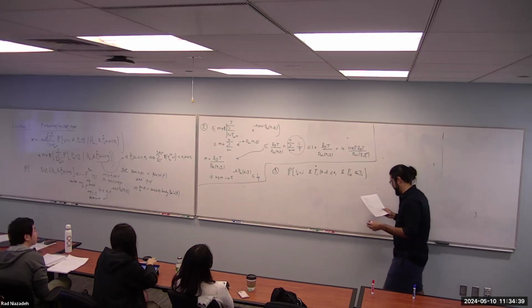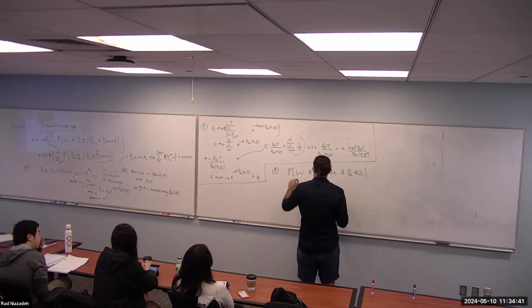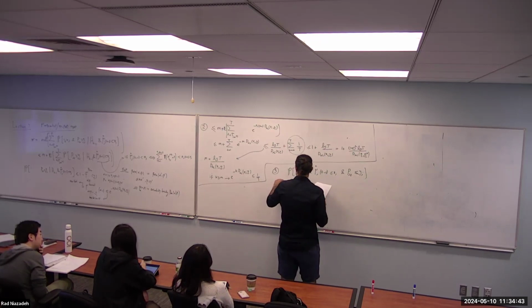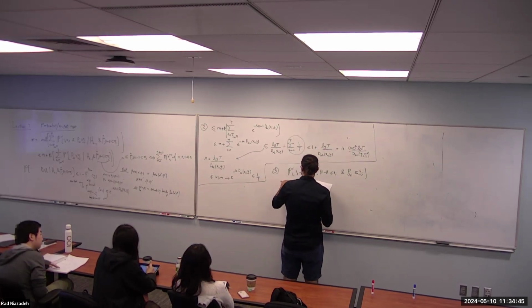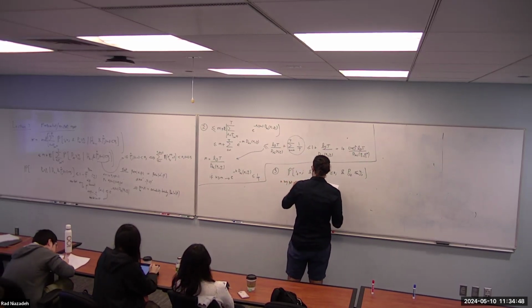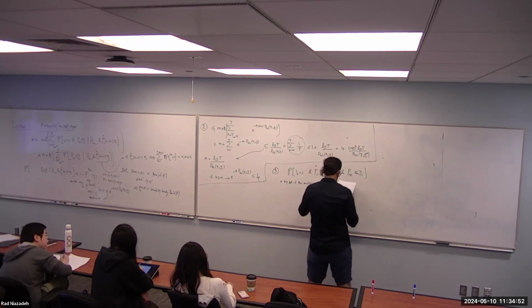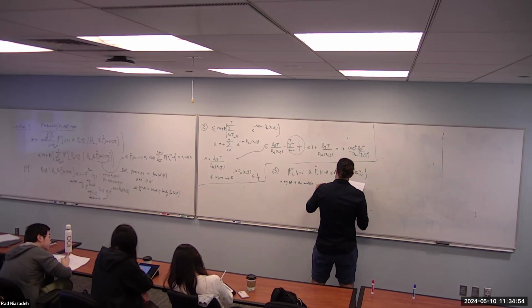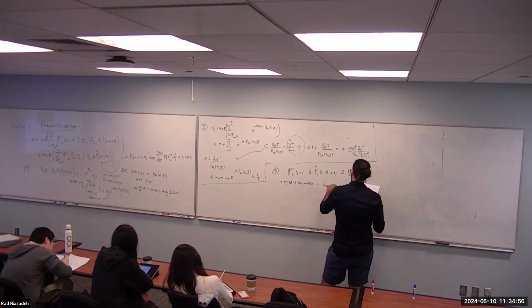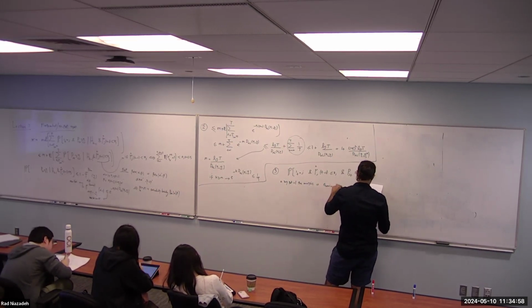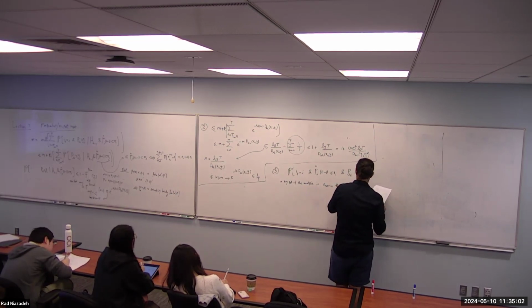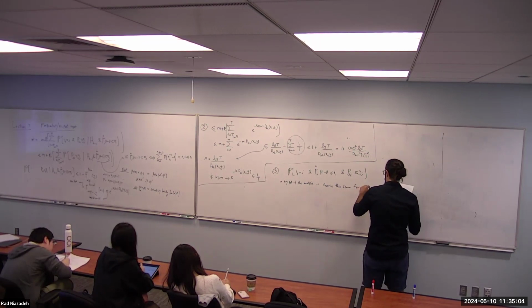This is what they're saying. So the key part of the analysis is showing this number for the bad arm or a suboptimal arm.